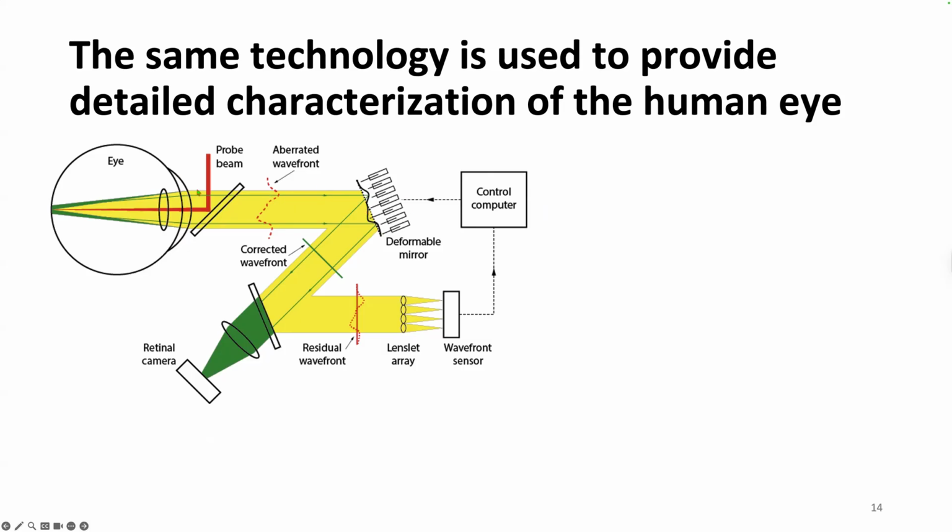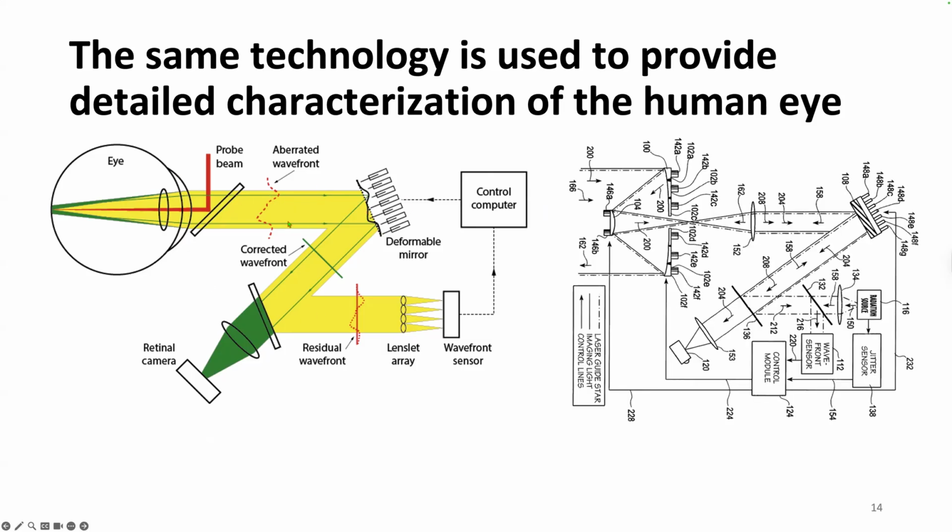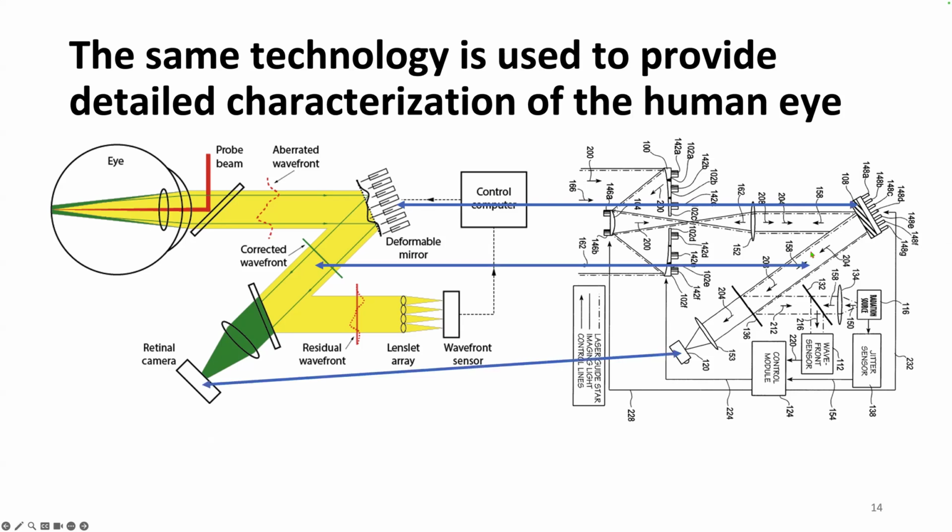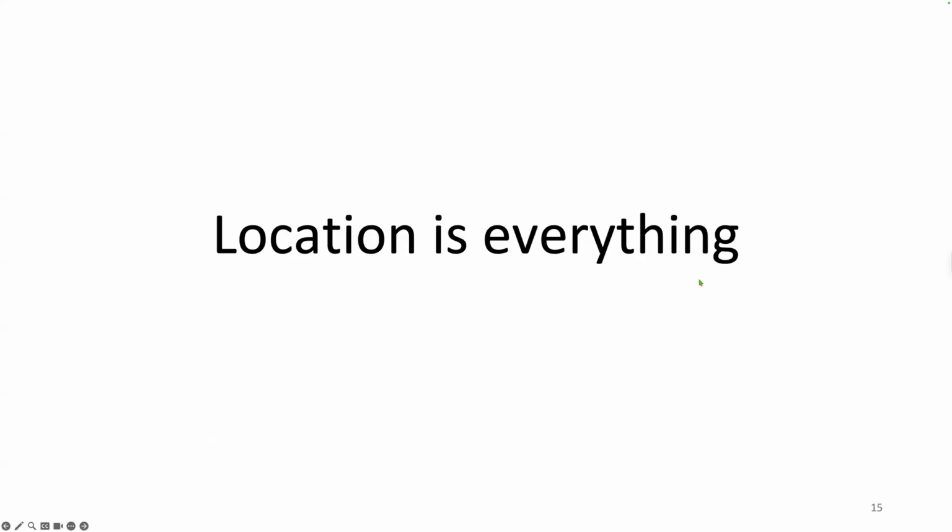You can compare this ophthalmological instrument with, this is the patent drawing I just showed you that my student and I had, and it's virtually the same drawing. So this astronomical technique of what is called wavefront control has other applications.